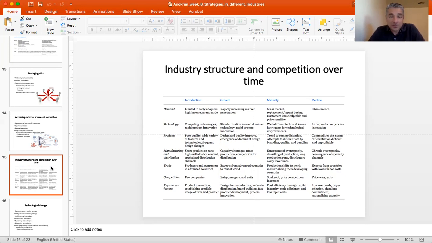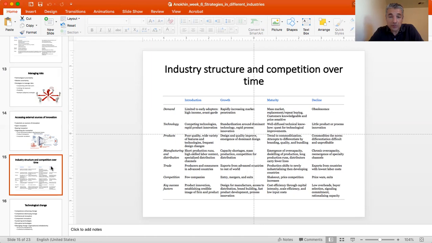Maybe it's just fashion, but that's just it, right? So the nature of demand at the maturity stage is very different. And at the decline stage, obviously you're dealing with obsolescence, demand goes down, and your biggest challenge is probably managing excess capacity.